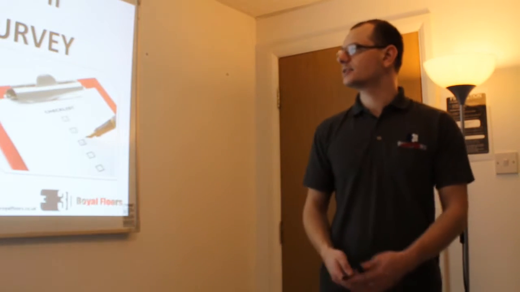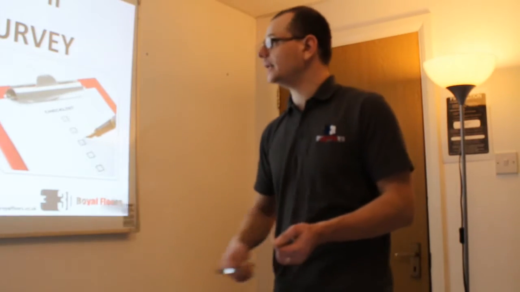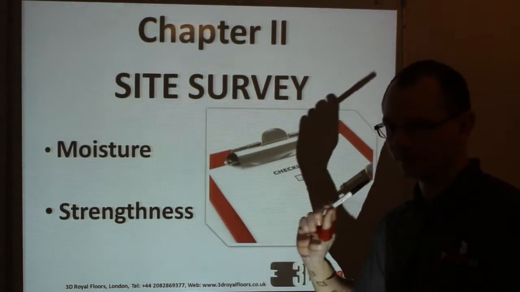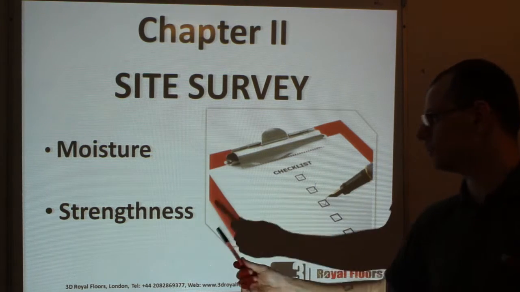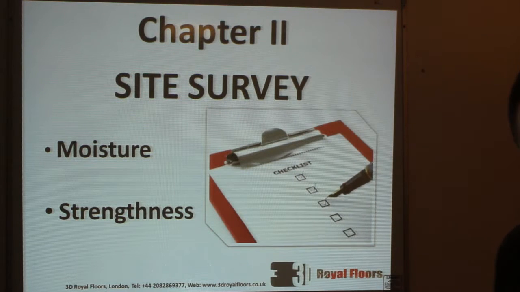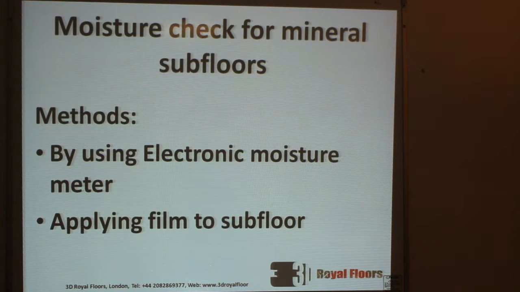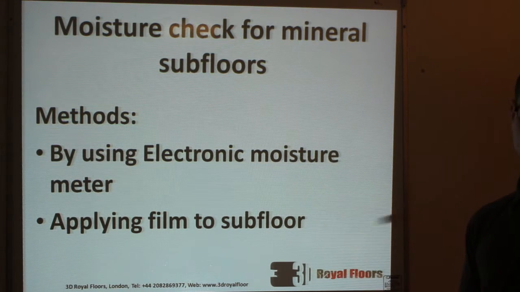Chapter 2, Site Survey. In this chapter we're going to explain two main requirements of the substrate, and they are nothing else than moisture of the substrate and its strength. Moisture check for mineral subfloor: we have basically two methods we use.